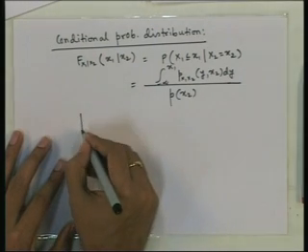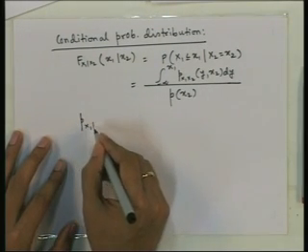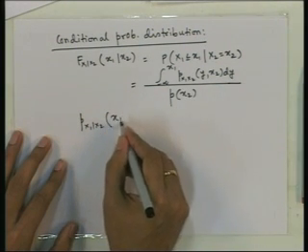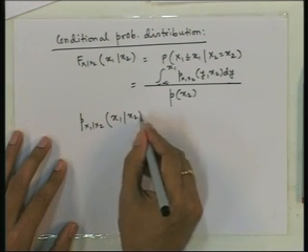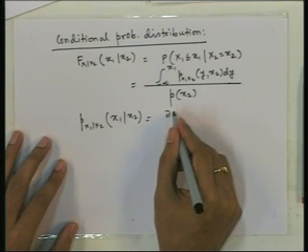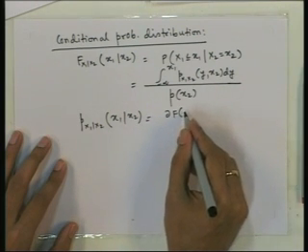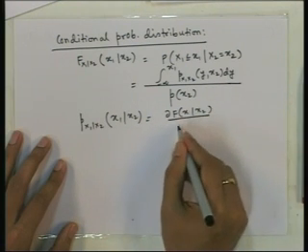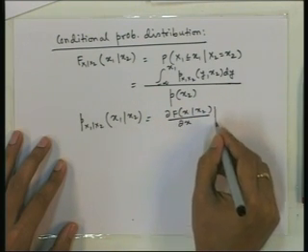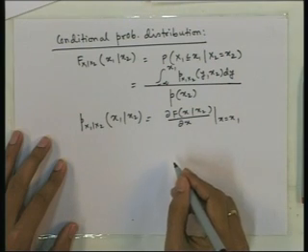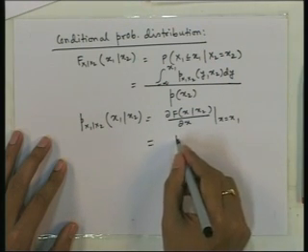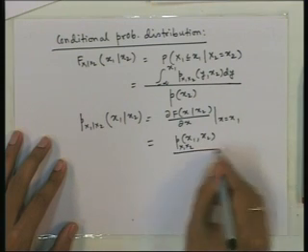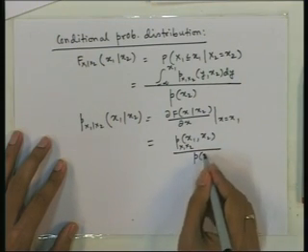Now, from here one can get the conditional density function of x1 given x2. This will be simply del F of x given x2 by del x at x equal to x1, and this is nothing but p x1 x2 at x1 x2 divided by p x2.